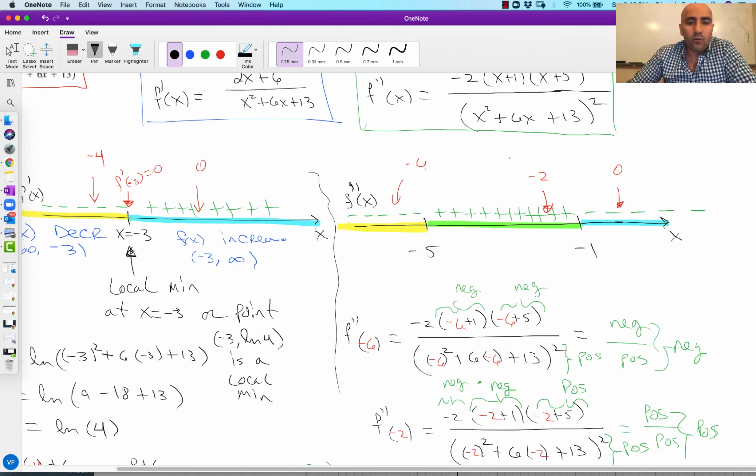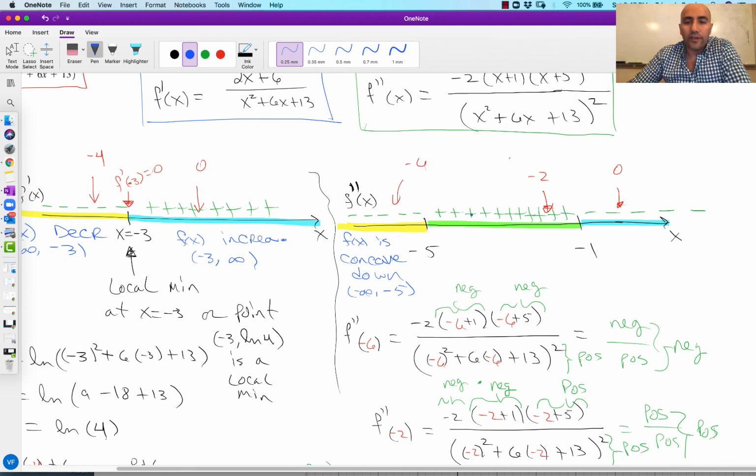We know that when the second derivative is negative, negative is sad, the original function is going to be concave down. So on this interval, we see that, let's put it in blue, f of x is concave down on the interval from negative infinity through negative 5.